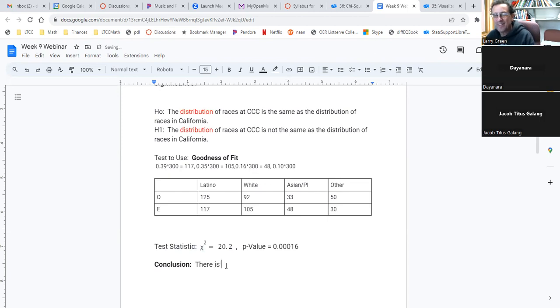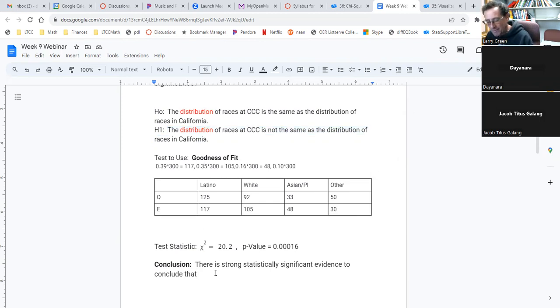There is strong, statistically significant evidence. Do you remember those words? This is our third week of using them. And strong because the p-value is less than 1%. That's kind of our definition of strong. To conclude that. And now the great thing about online versus having to write it on a board is all I have to do is copy and paste H1.